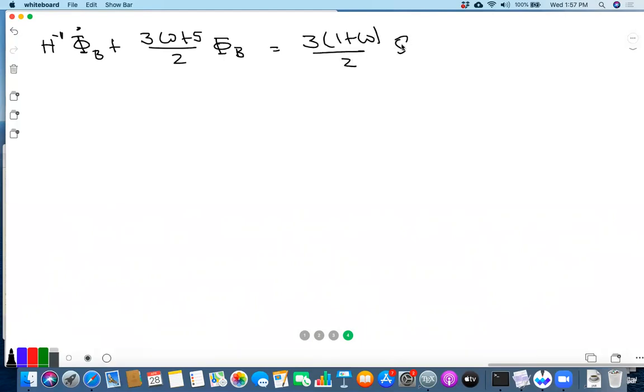So we have phi b dot plus (3w plus 5)/2 phi b, with H inverse here, equal to 3 times (1 plus w)/2 r. Okay, r is constant, that we have already found.